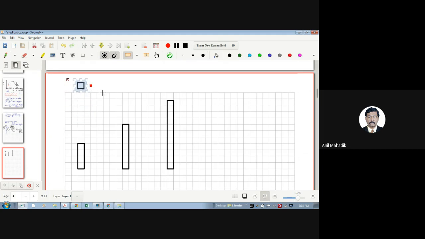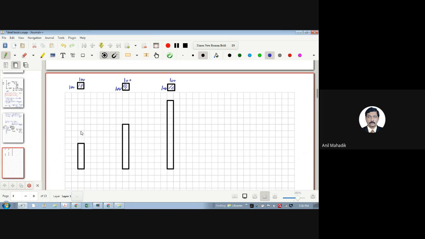It is not different. So the size is same for all three rods. You can assume any size, let's say 100 by 100 or whatever. All are 100 by 100. That means cross-sectional area is same.